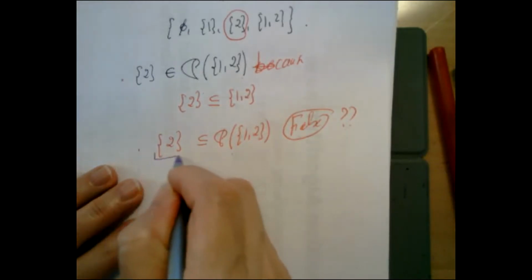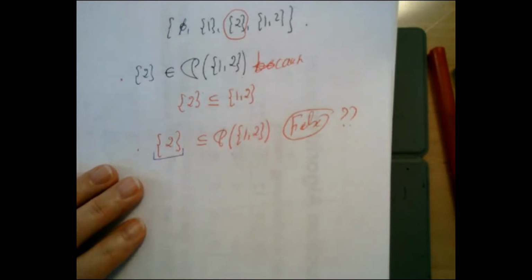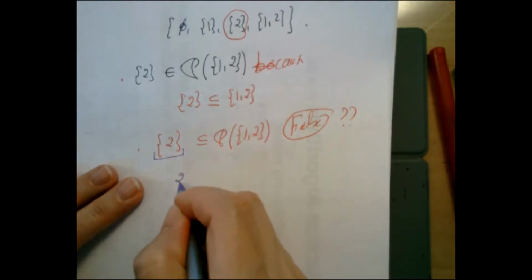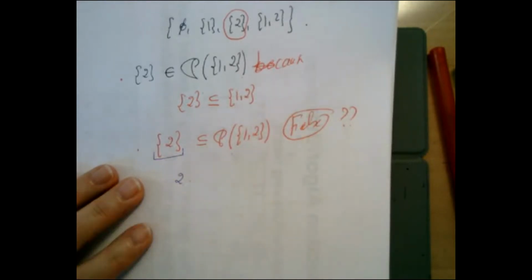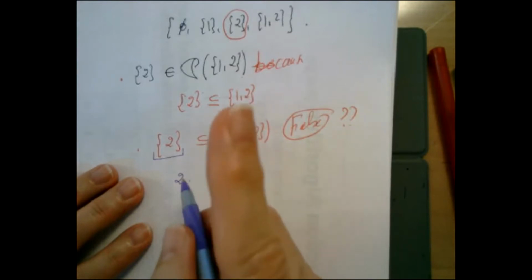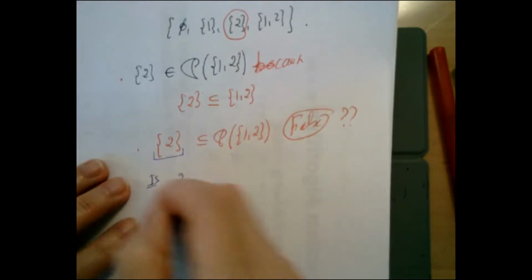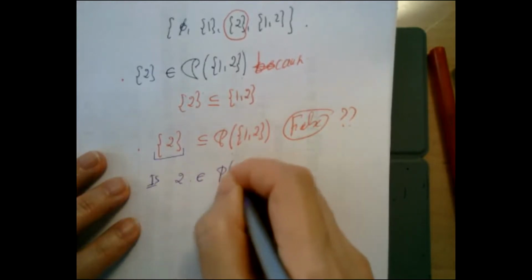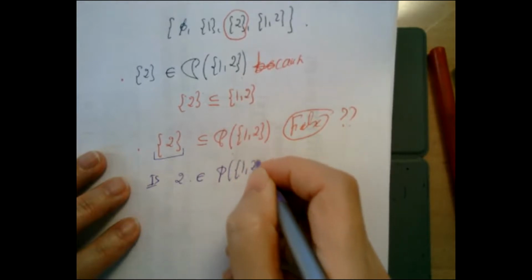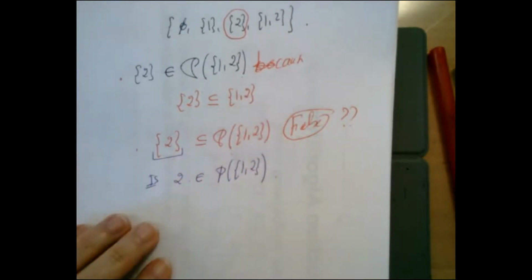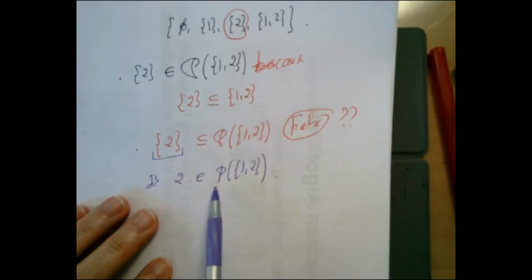What are the elements of this set? The element of that set is 2. And so then the elements of the power set would be the set {2}. Right, but it's 2, not the set {2}. It's 2. Is the number 2 an element of the power set? Yes or no?